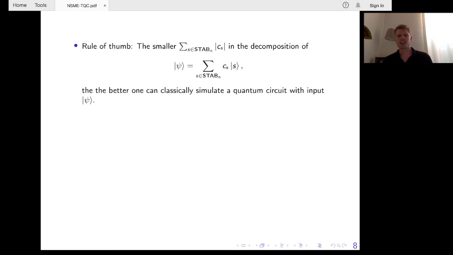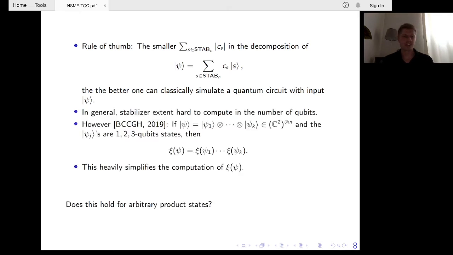So in a certain sense, the stabilizer extent measures the non-stabilizerness of psi. If the L1 norm of the expansion coefficients is pretty big, then psi is relatively non-stabilizer, and it's hard to simulate a quantum circuit with input psi. And the quantum circuit here is a stabilizer circuit. So you allow the operations that we've seen on the first and second slide.